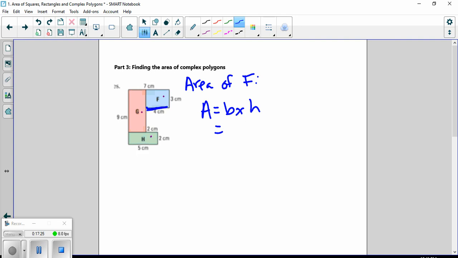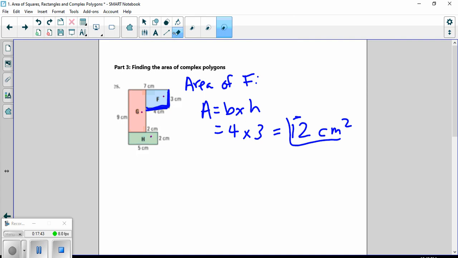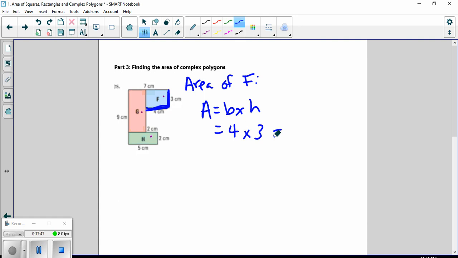This is the base, it's 4. Then what's the height? Good, the height should be 3. This is the height. So 4 times 3 is 12. So this is 12 centimeters squared. Yes, you need to include units squared. So this is the area of figure F.